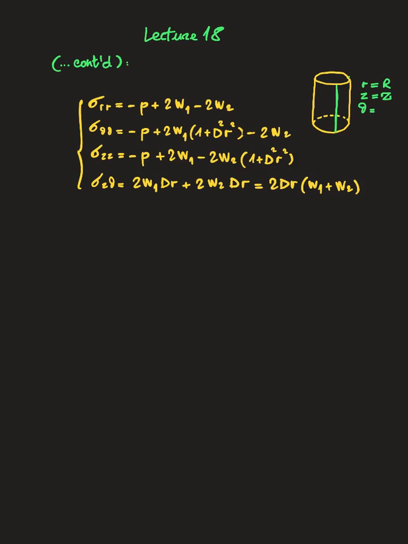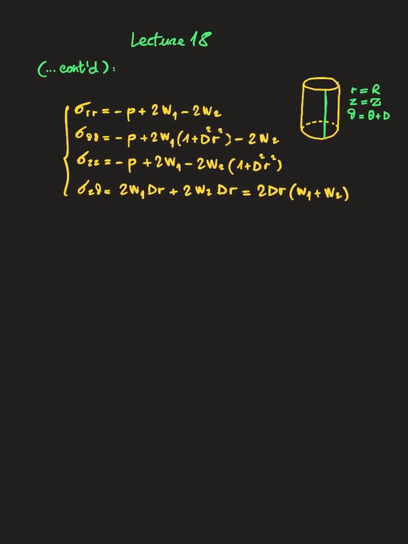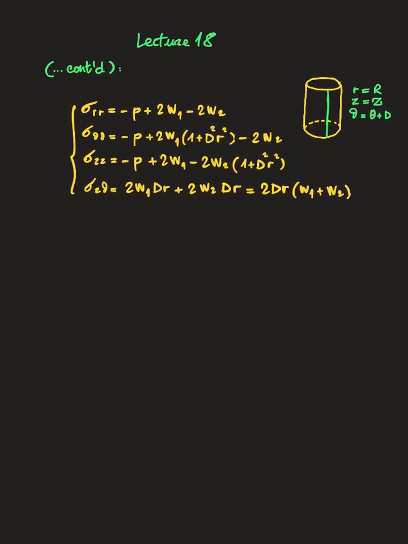So the angle in the current configuration is equal to the angle in the reference configuration plus a quantity d times the height z. In other words, what does it mean? If you imagine this cylinder made of discs, each of these discs rotates with respect to the lower one by a quantity dz.